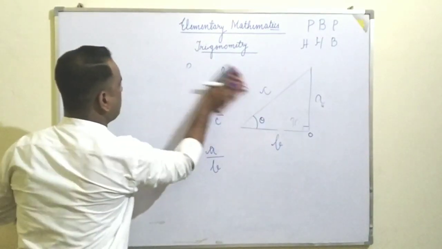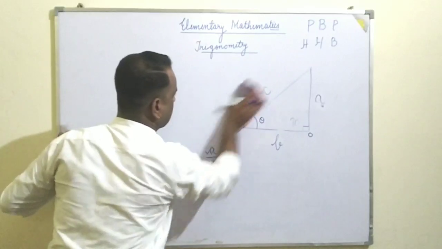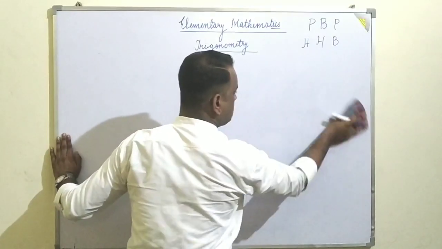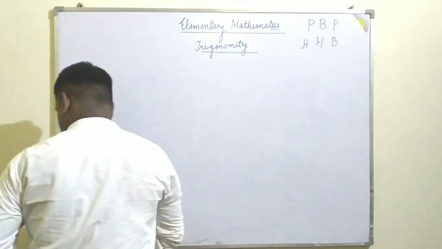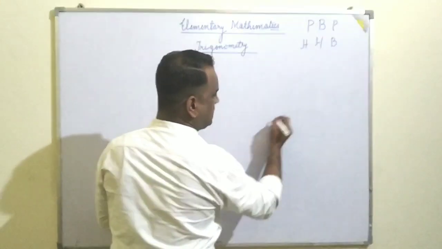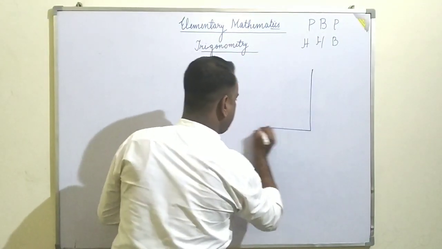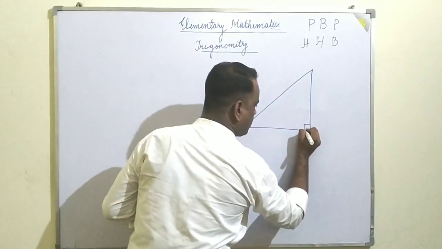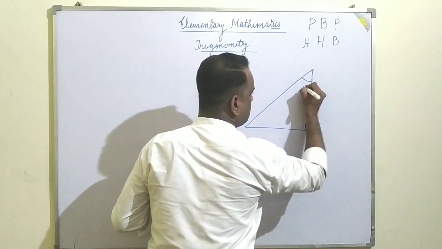How can we find out the values of sin, cos and tan? Let us suppose a student says, sir, here you have drawn a triangle and theta is here. But now if I draw a right angle triangle like this, theta is here.